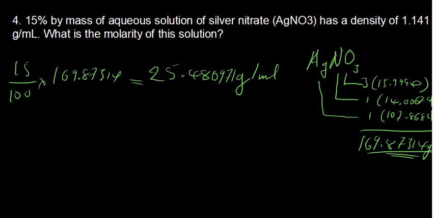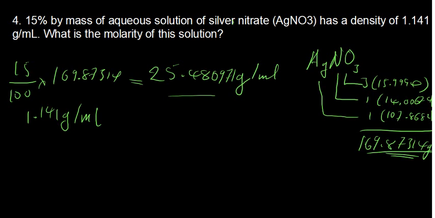This is the one which has a density of 1.141. We've been told grams per milliliter. Now I want to convert into molarity.